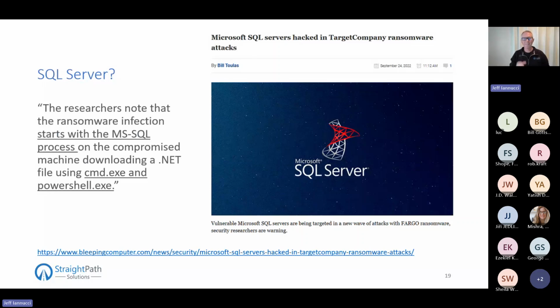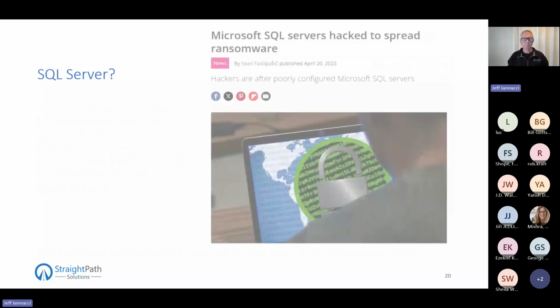Researchers noted that it started with an infection in MS SQL Server and then compromised your machine, downloading a .NET file using cmd.exe and PowerShell.exe. You've used SQL Server, you know how to do this, right? xp_cmdshell as an option. We'll talk about that here later, about how to prevent that from being used for this kind of an attack.